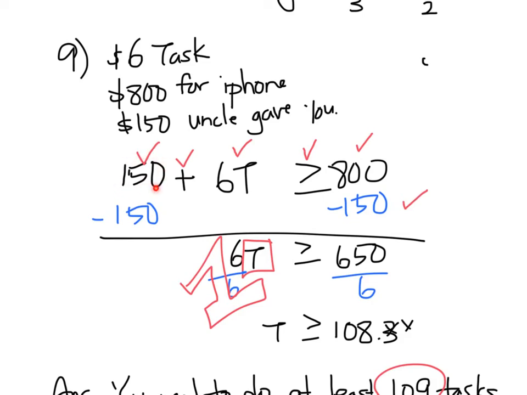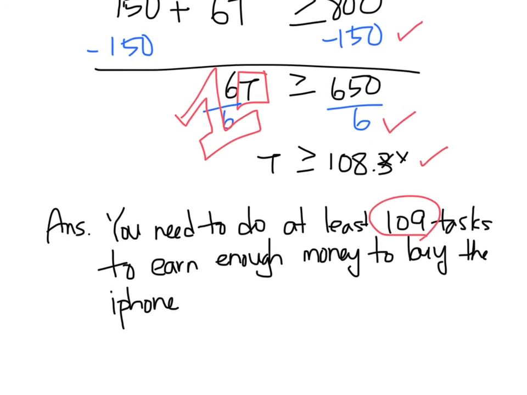You get 1 point for 150, 1 point for plus, 1 point for 6, 1 point for the symbol facing the correct way, and 1 point for the 800. And then 1 point for subtracting 150. Alright, and then here dividing by 6, and then getting the correct answer. So that's 1, 2, 3, 4, 5, 6, 7, 8.